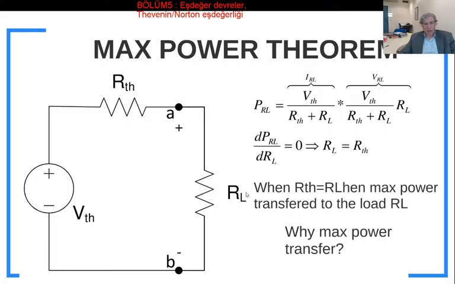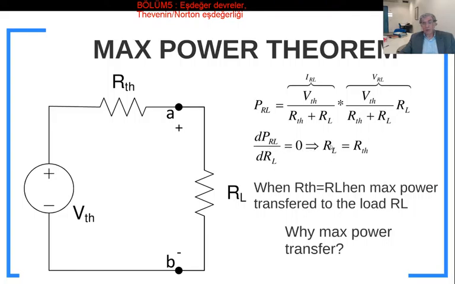So this is the load resistor. If you calculate the power of this load resistor, you're going to end up with this formula. You could check it on your own. If you take the derivative of this power with respect to RL, you're going to find the RL value, that means the load resistance value, which makes this power maximum.